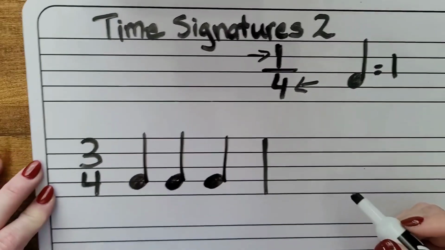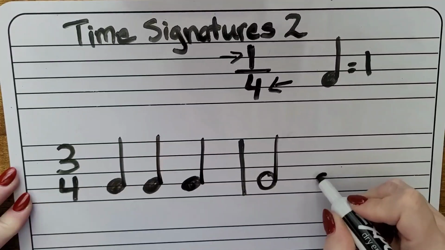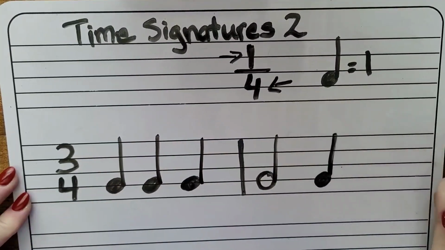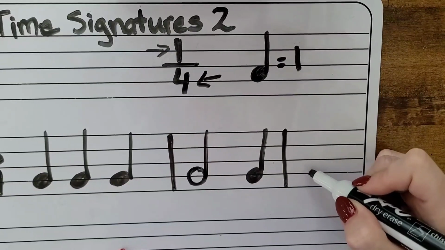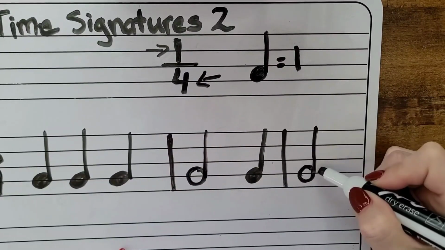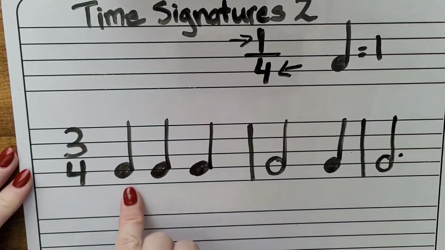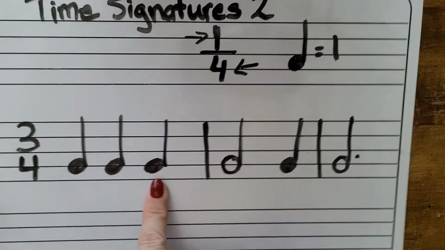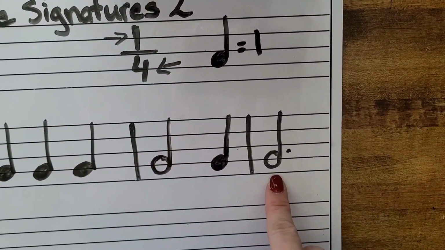We could write it as a half note plus a quarter note. We could write it as a dotted half note because that is 3. So here we have 1, 2, 3, 1, 2, 3, and 1, 2, 3.